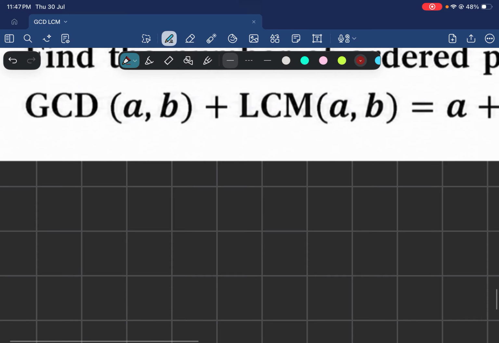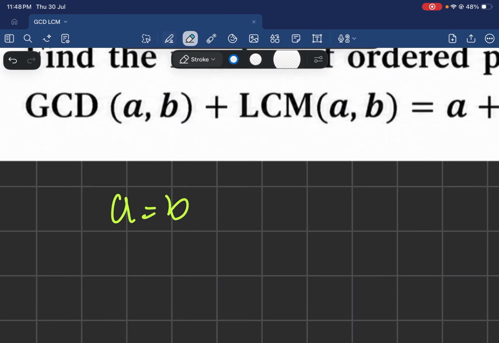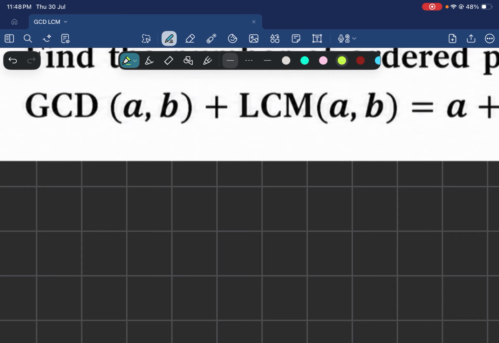I tried some numbers. Whenever we try and plug in numbers, we always plug in equal numbers first, right? And to my surprise, this worked out.